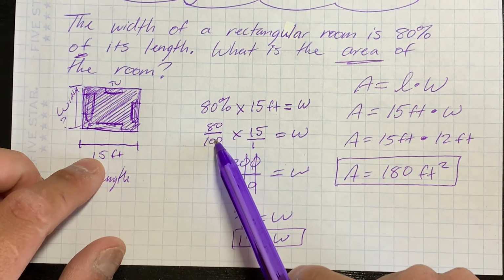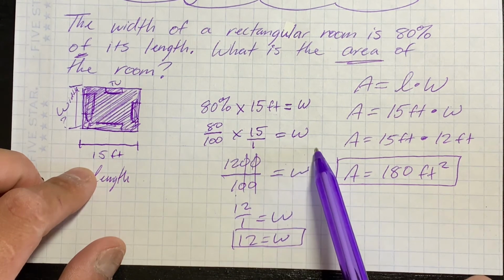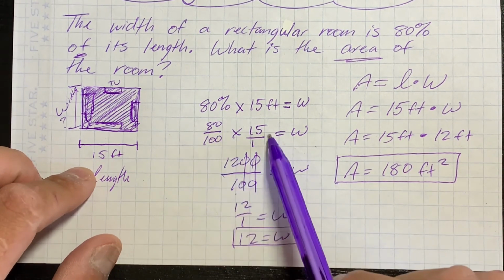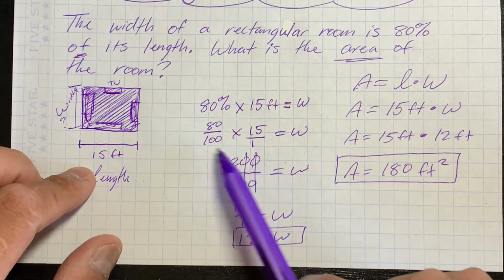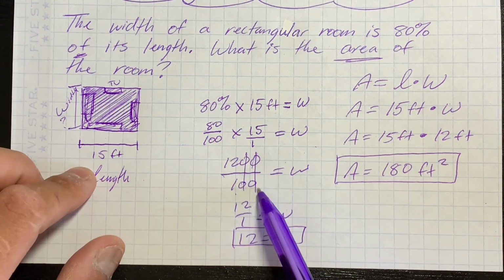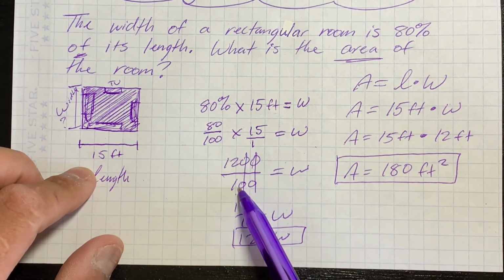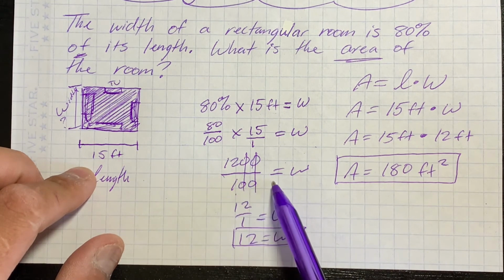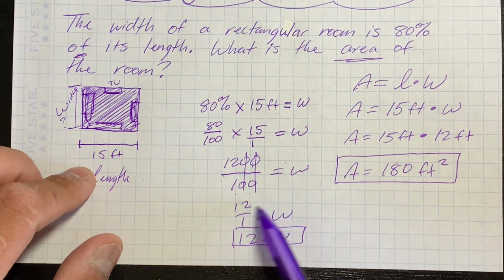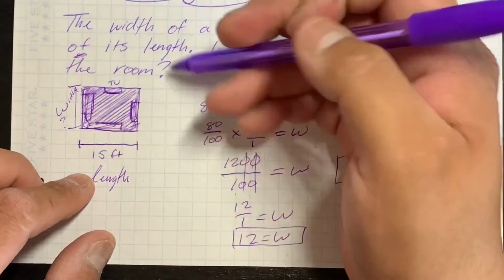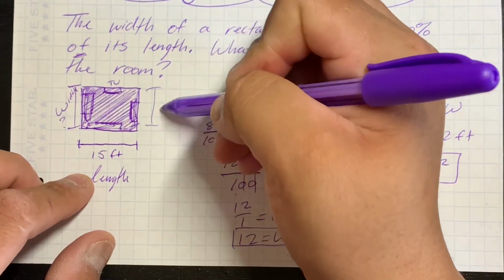So 80 over 100 times 15 over 1 equals the width. Now 80 times 15 is 1,200. 100 times 1 is going to be 100, but these zeros just canceled out. So in reality, we have 12 over 1 equals W. Okay, 12 over 1 is just a whole number 12. So we know that the width is 12 feet.